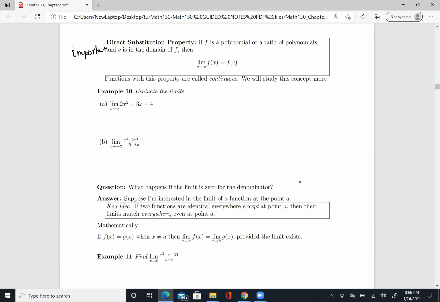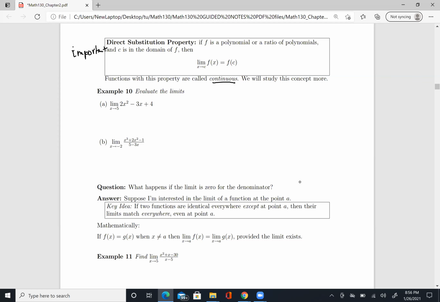Functions with this property are called continuous. Any function that can use this property is a continuous one, and we will study this concept more.